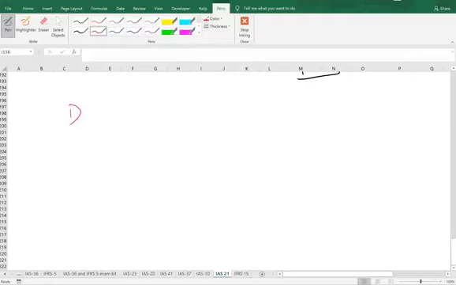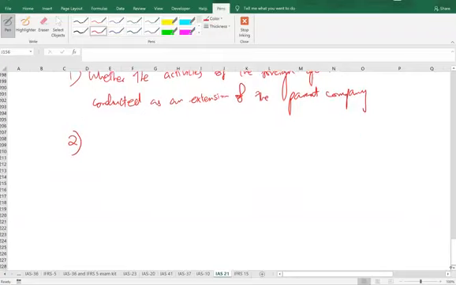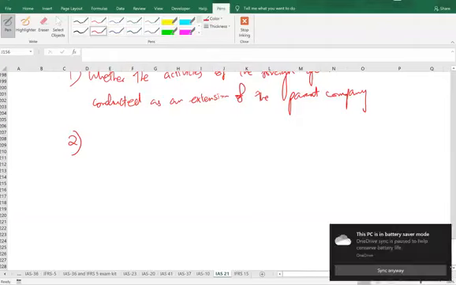An extension is established when the foreign operation itself does not have any authority or autonomy to take decisions on its own. You guys understand?